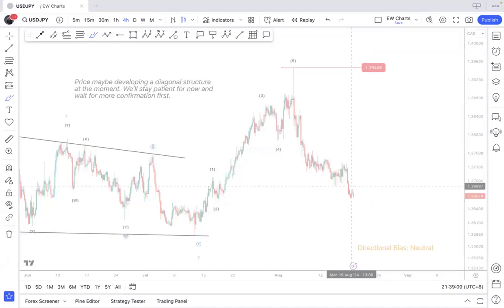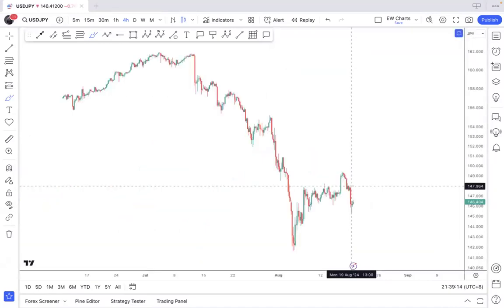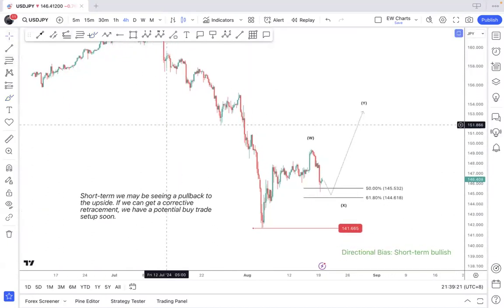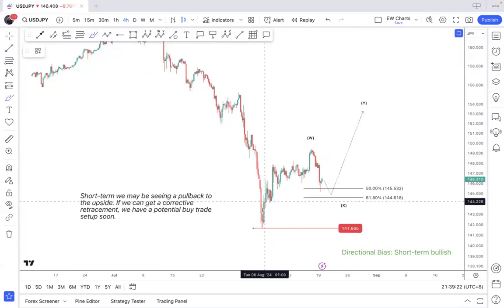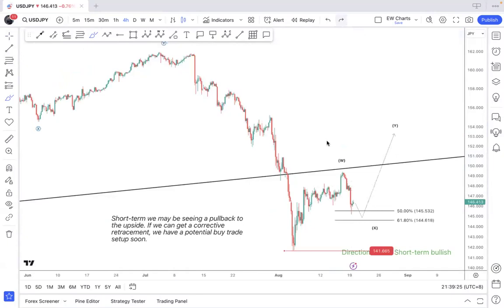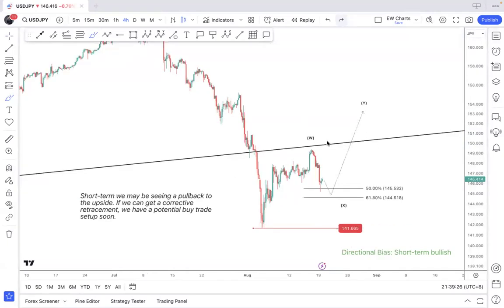Testing the 50 and the 618 Fibonacci ratio in the upside. I'm kind of expecting it to develop a three-wave correction here as a WXY. So this one, I want to just maybe give it by end of today, going to tomorrow, see how price is going to react off that 50 and 618.